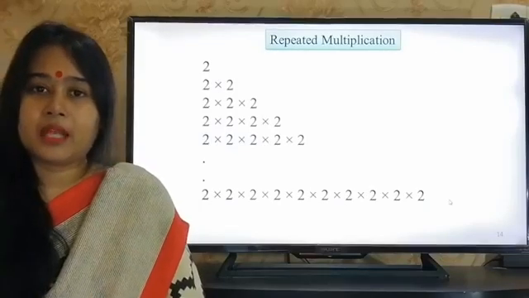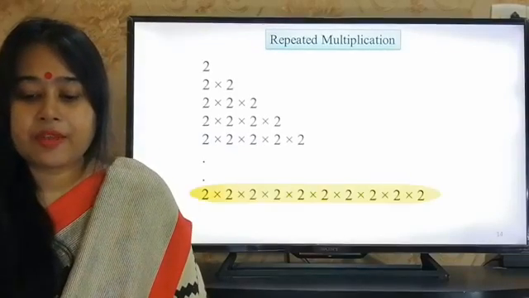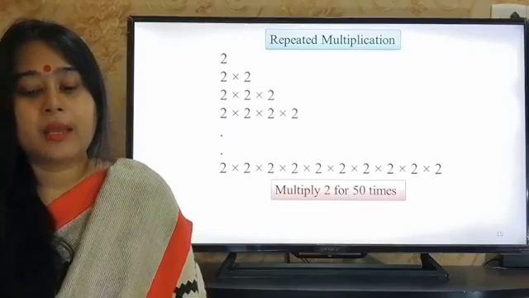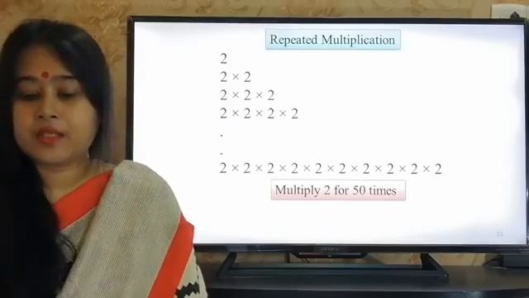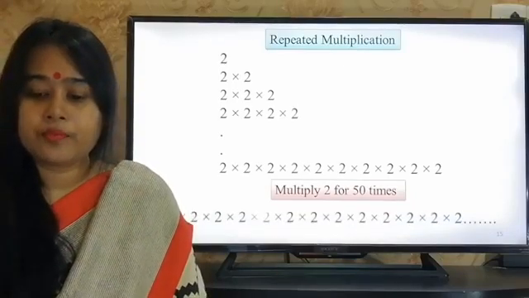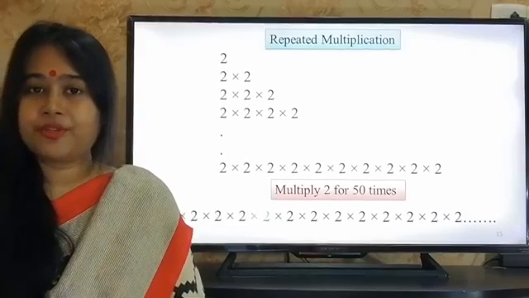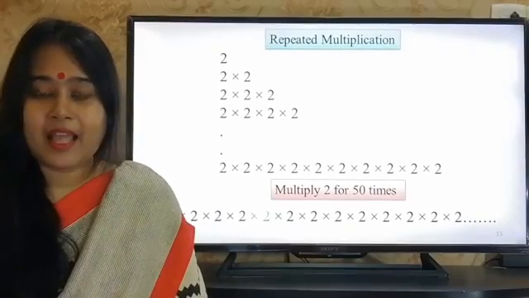This is repeated multiplication. If it is asked to multiply 2 for 50 times, then what will you do? You will multiply 2 for 50 times like this.